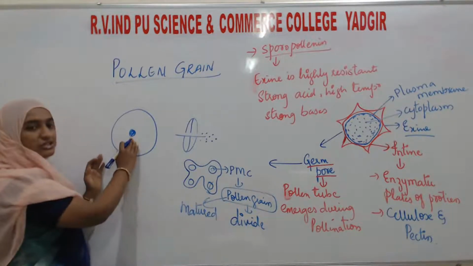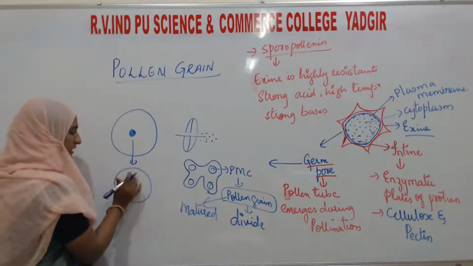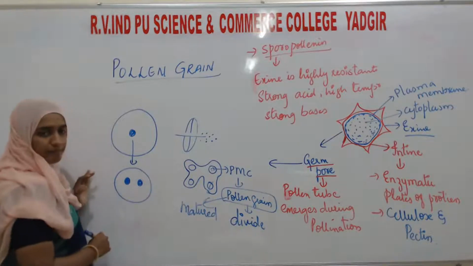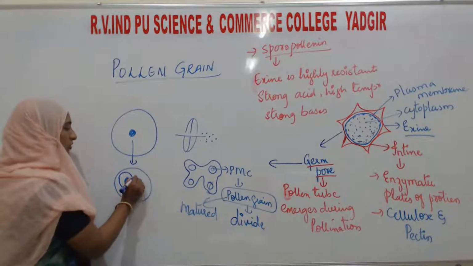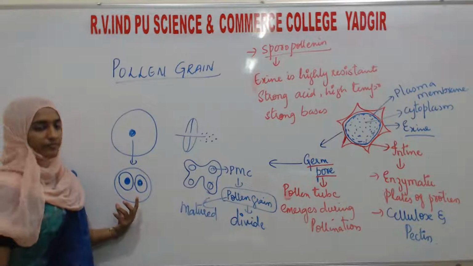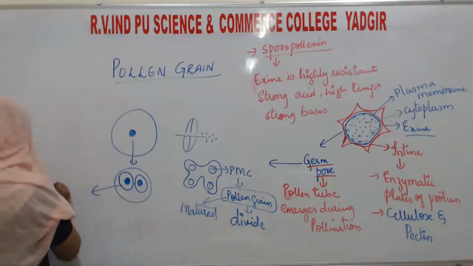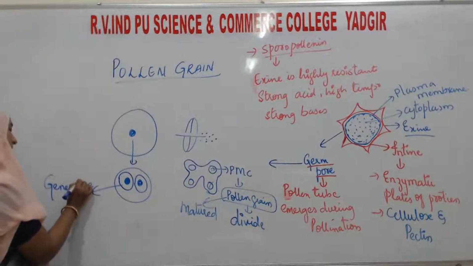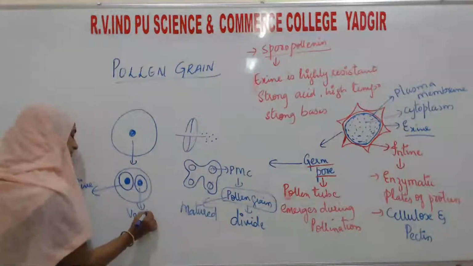This nucleus will start dividing, and these nuclei will form two cells inside the pollen grain. What are the two cells? One is the generative cell and another is the vegetative cell.